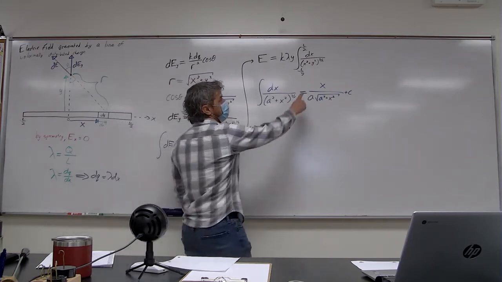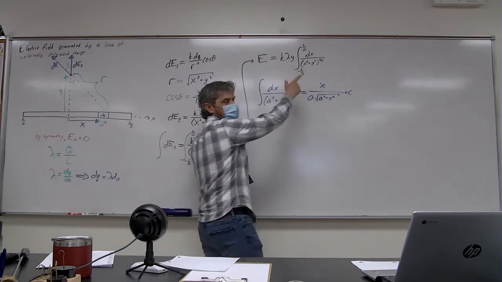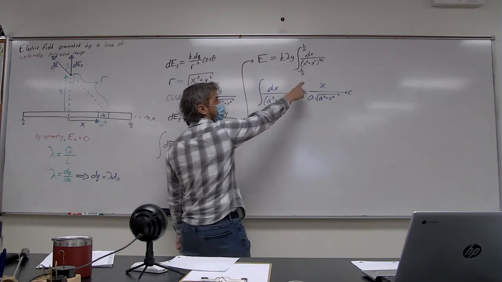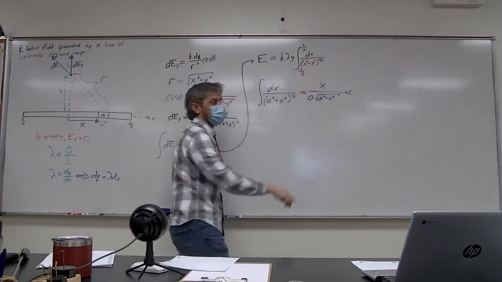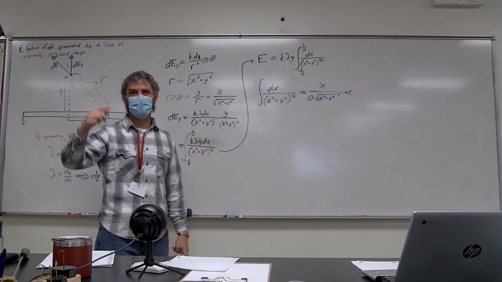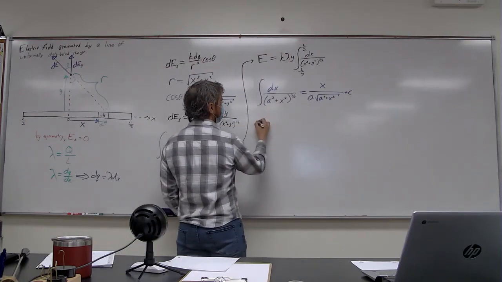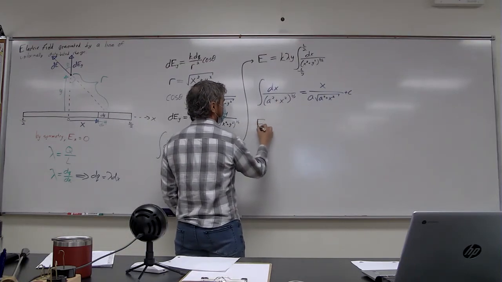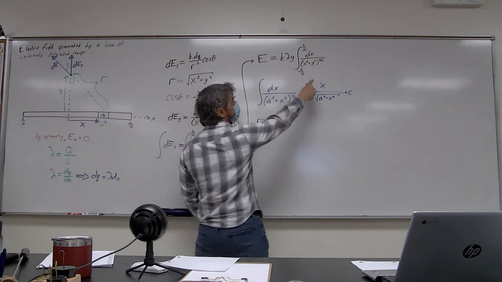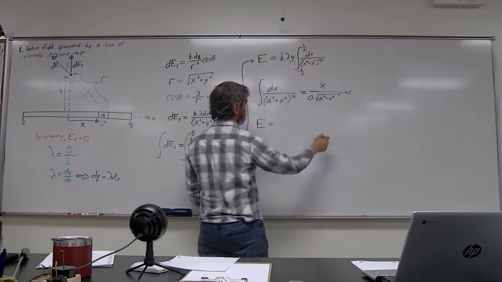But I noticed that this has that same form. Yes, the x's are in different positions, but the denominator is the variable squared plus a constant squared raised to the 3 halves power with just a dx in the numerator. What that tells me is I can use this information to write that the electric field is therefore, and it is a definite integral because I have limits, so we can drop the c there.